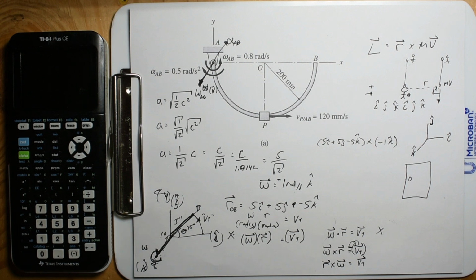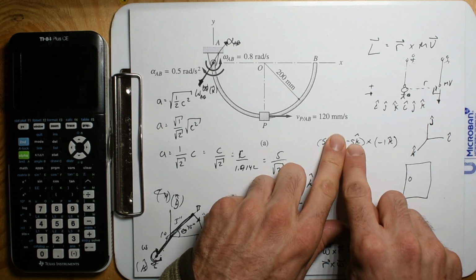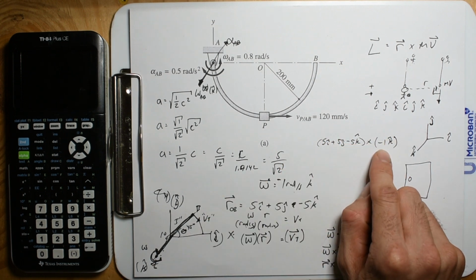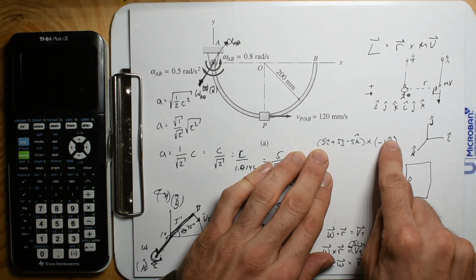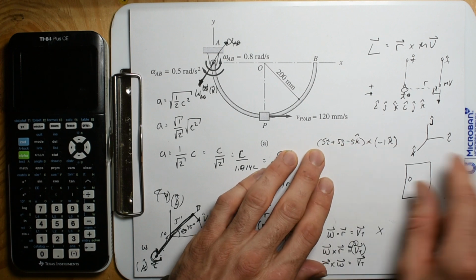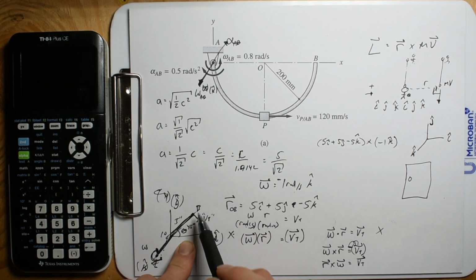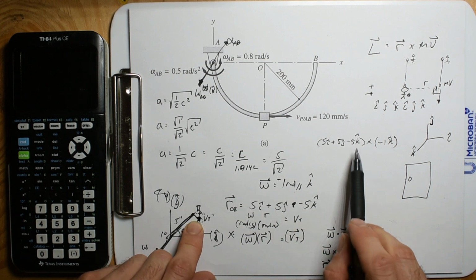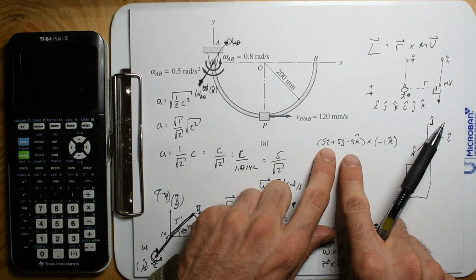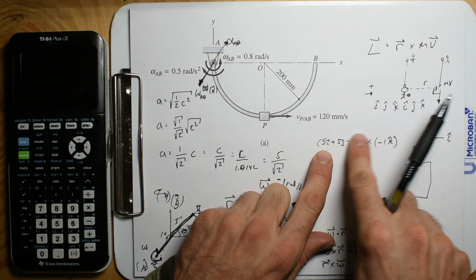All right, so let's do this cross product. We can't cross k into k. We can cross j into k, we can cross i into k. Does that make sense? Because right here, we're going to have a velocity component in the i direction and a component in the j direction. So we can cross i into k and j into k.